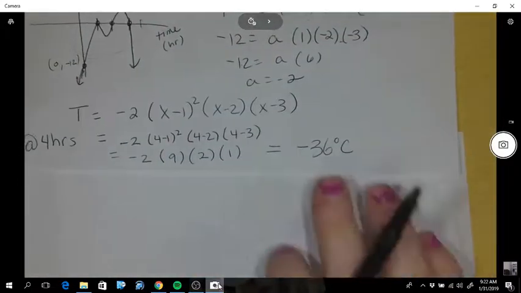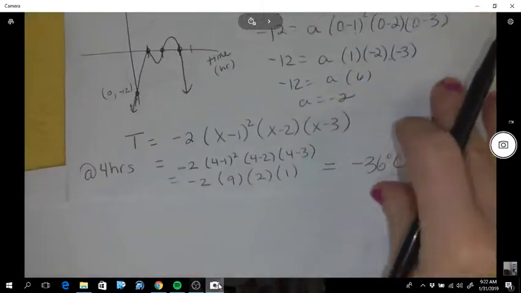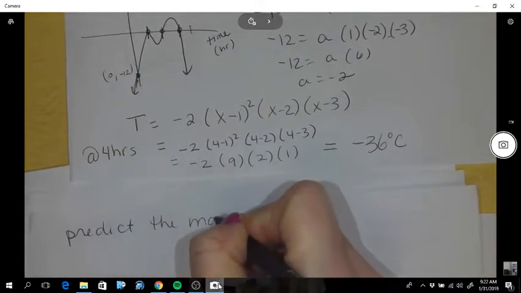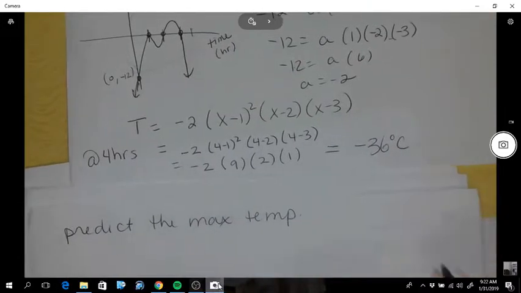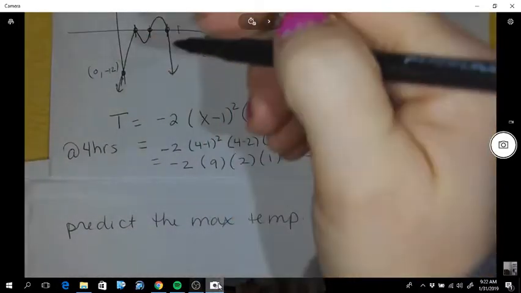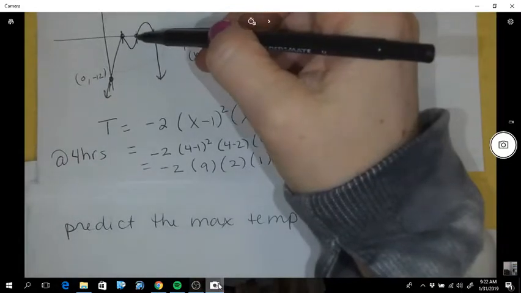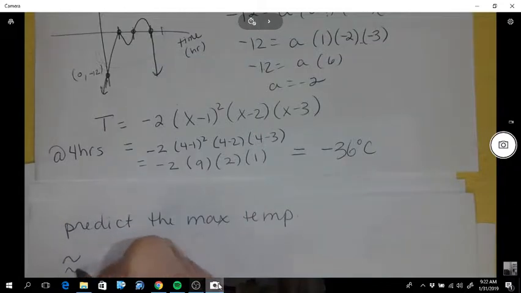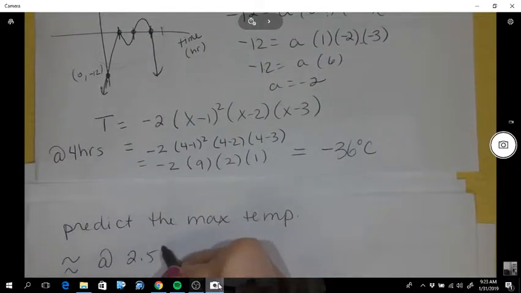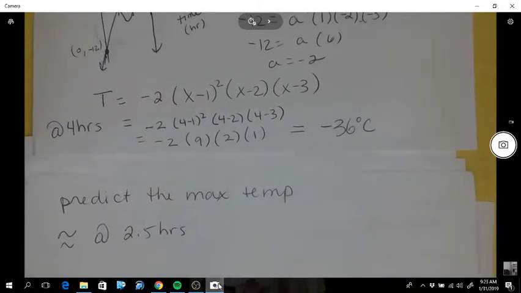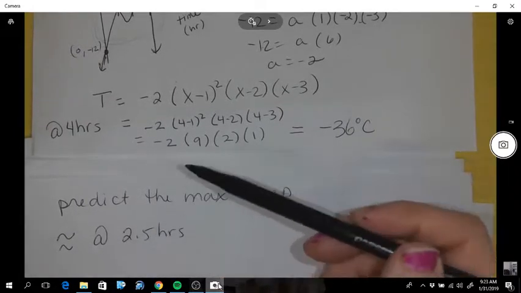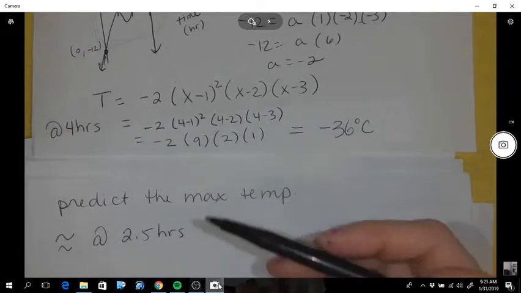Okay, so looking at that, I might ask to predict the max temp. Okay, so in this case I know that it's going to be between 2 and 3, so you can approximately say at 2.5 hours. Okay, you can test different numbers if you want to get a more precise answer. So you could test like at 2.3 hours, 2.4, 2.5, 2.6.